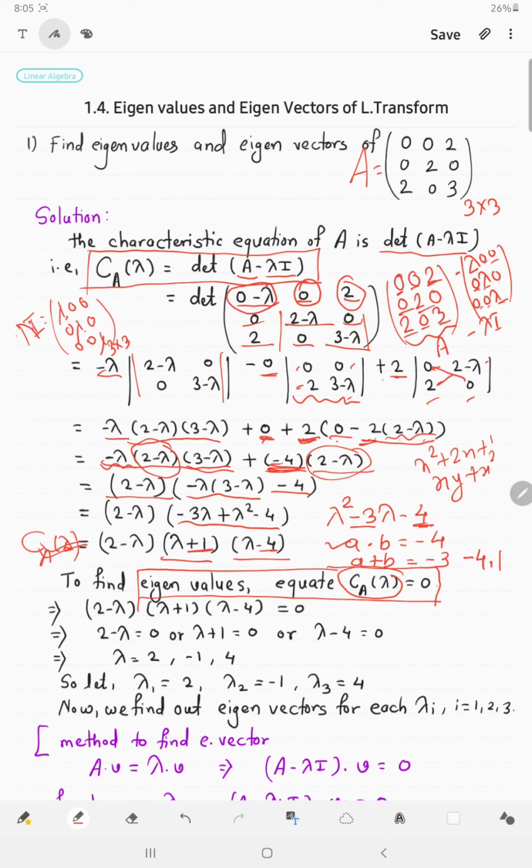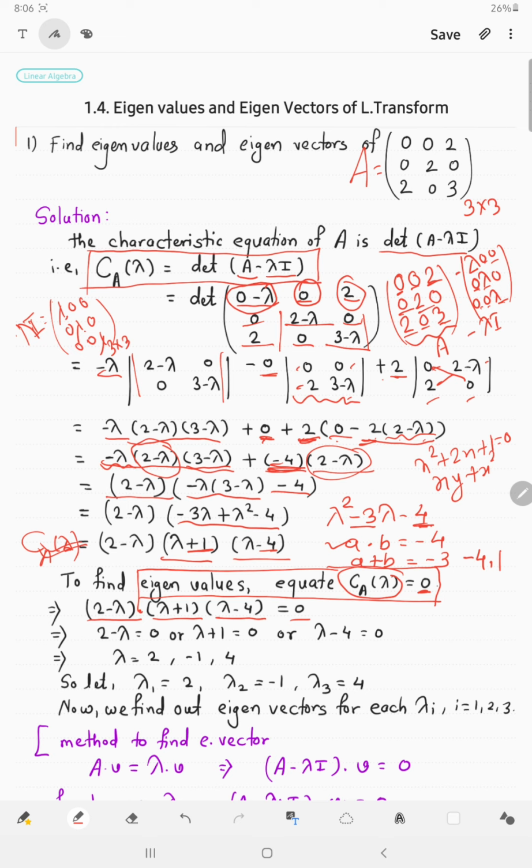Now equate this polynomial with 0. As in school we do x square plus 2x plus 1 equal to 0 and solve this equation, similarly we have to solve this equation also. So I take 2 minus lambda into lambda plus 1 into lambda minus 4 equal to 0.